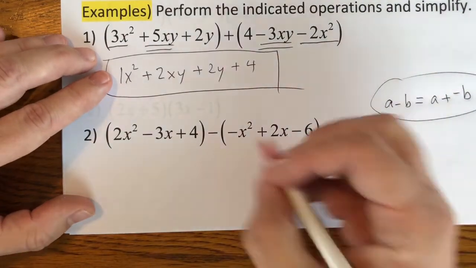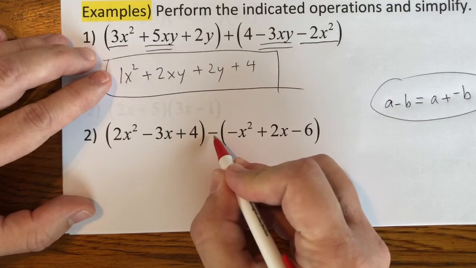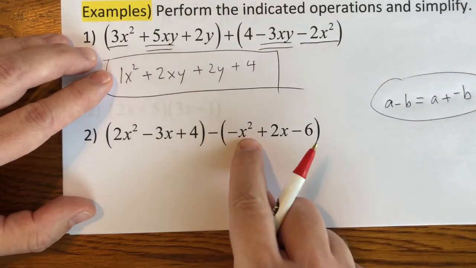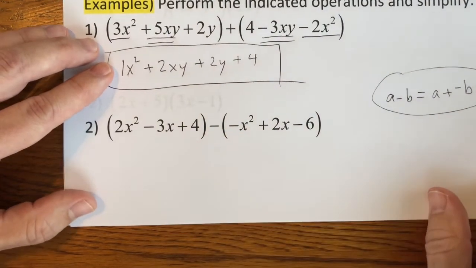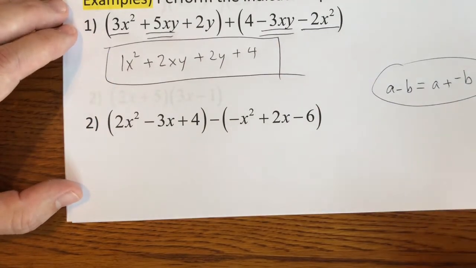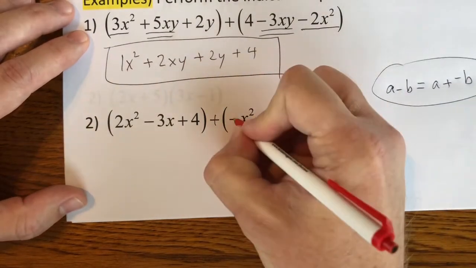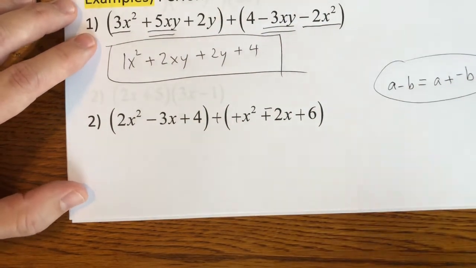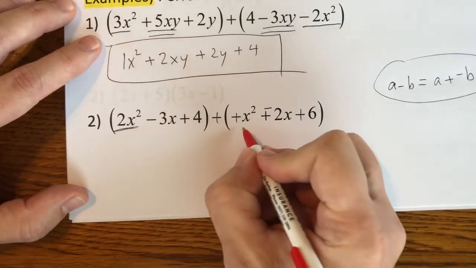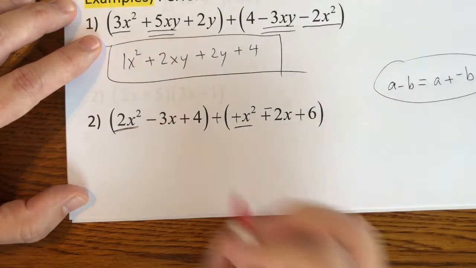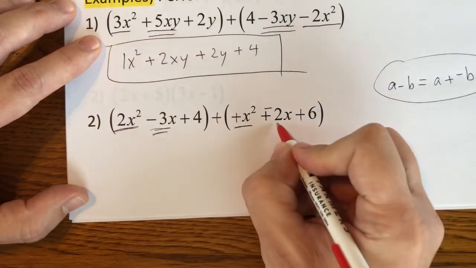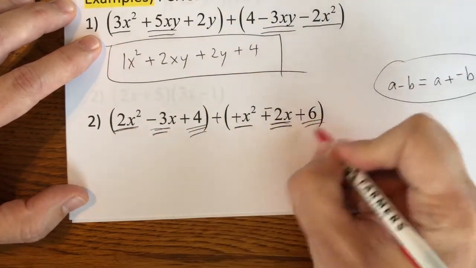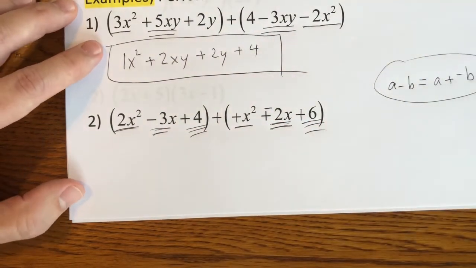Okay, so here we go. Notice there's a negative here. All we're really going to do, in essence, is distribute the negative through every one of these 3 terms. So let's go ahead and do that. Here we go. Add the opposite, opposite, opposite. Now we're ready to rock and roll. We have a 2x squared, 1x squared, minus 3x, minus 2x, plus 4, plus 6. 3 pairs of like terms.